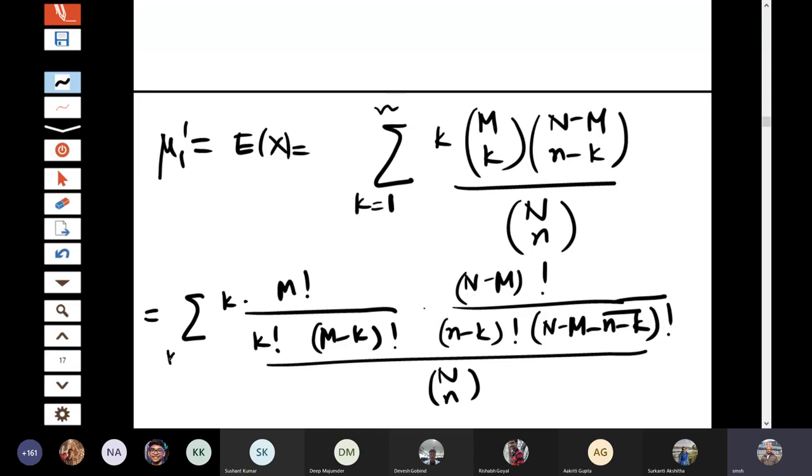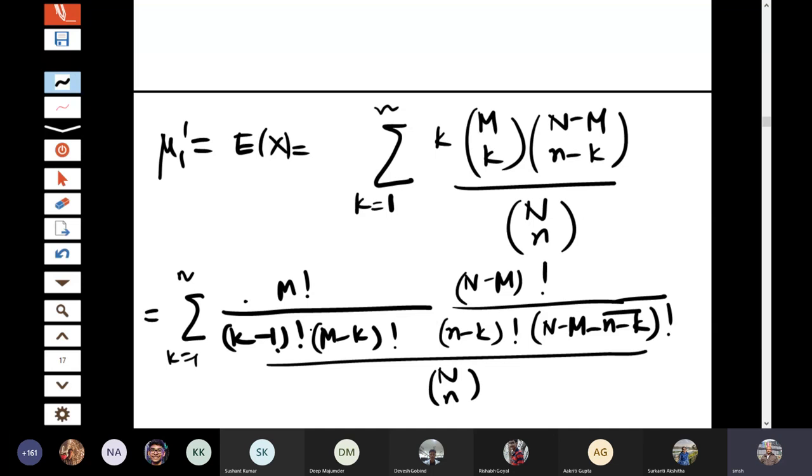So k equal to 1 to n, and this k and k factorial I will adjust here. So I will put it as k minus 1 factorial here.